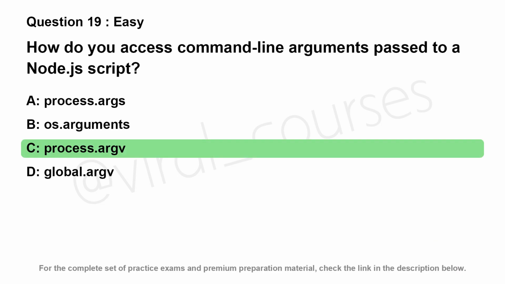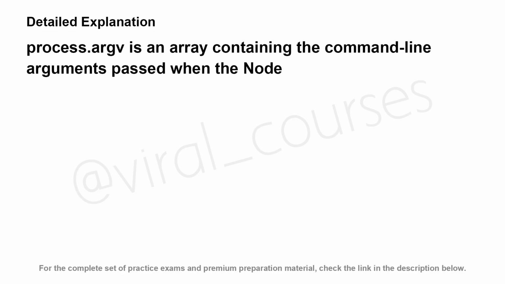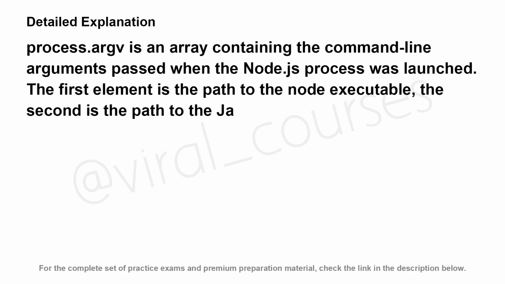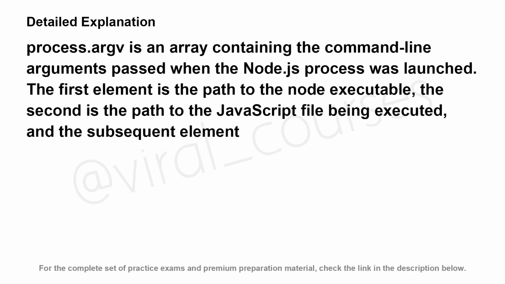The correct answer is C. process.argv is an array containing the command line arguments passed when the Node.js process was launched. The first element is the path to the node executable. The second is the path to the JavaScript file being executed, and the subsequent elements are the actual arguments.